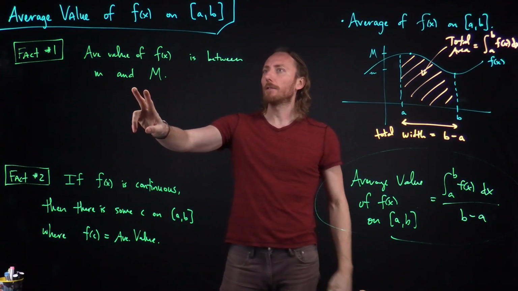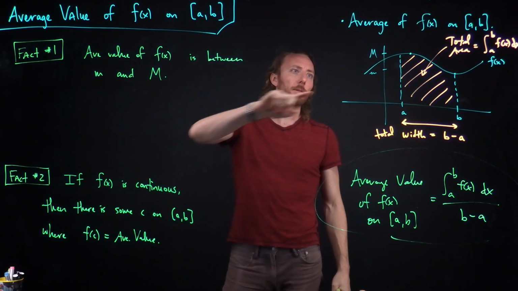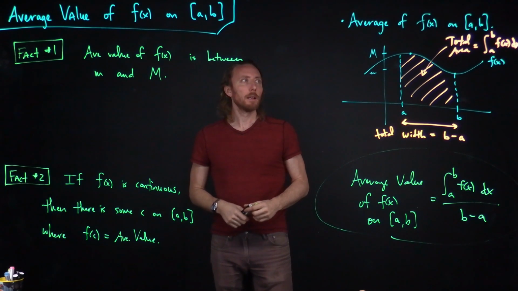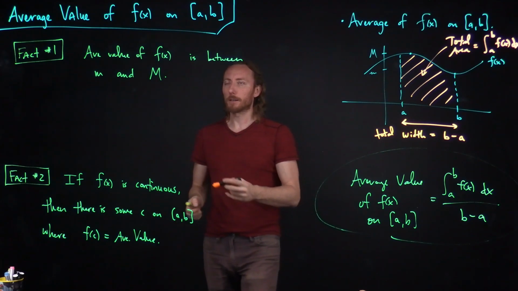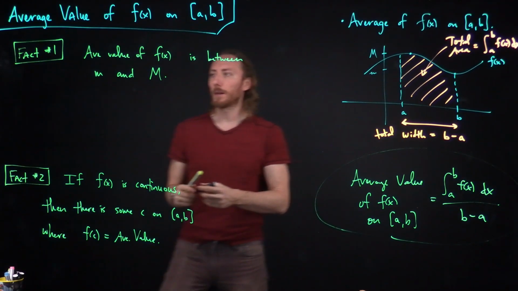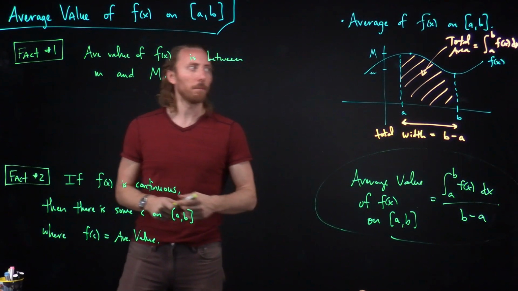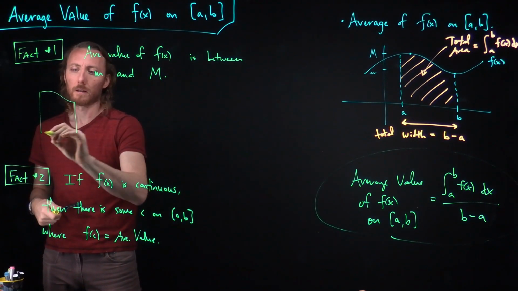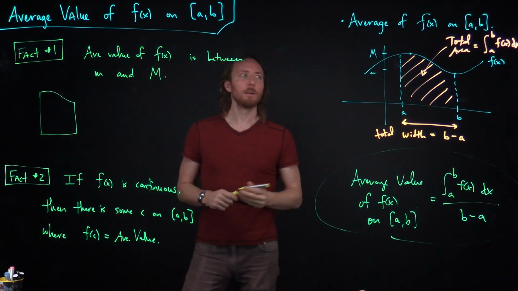So average value of f of x is always going to be between the minimum value and the maximum value of the function. And this can be thought of because, what if we just take a snapshot of that picture over there on the other side of the board? So we've got this area region here like so.